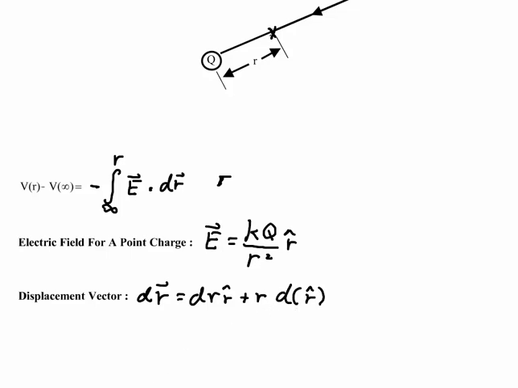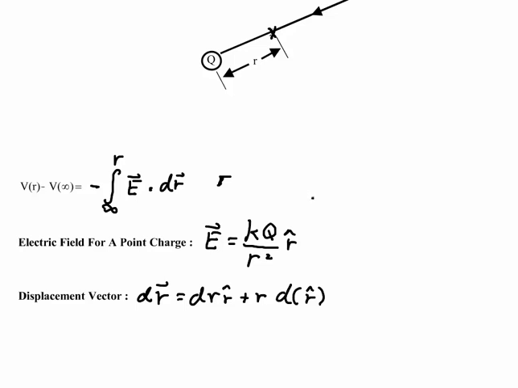However, let's look at this. The first term is where you stay along r and you change the length of the vector. The second is where you don't change the length, you change the direction. But when you change that direction, that change is perpendicular to the unit vector that you're changing. Well, this, when I dot it into r hat, will go to 0 anyway.